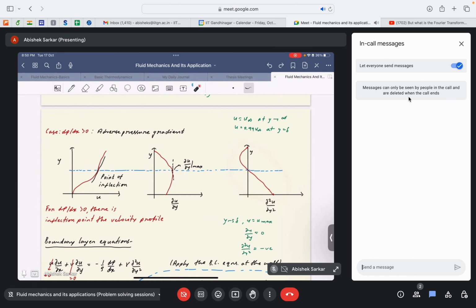Again you may ask, sir, if u approaches some maximum value at y equal to delta, then why not neglect this term completely, since it should approach 0 at y equal to delta?